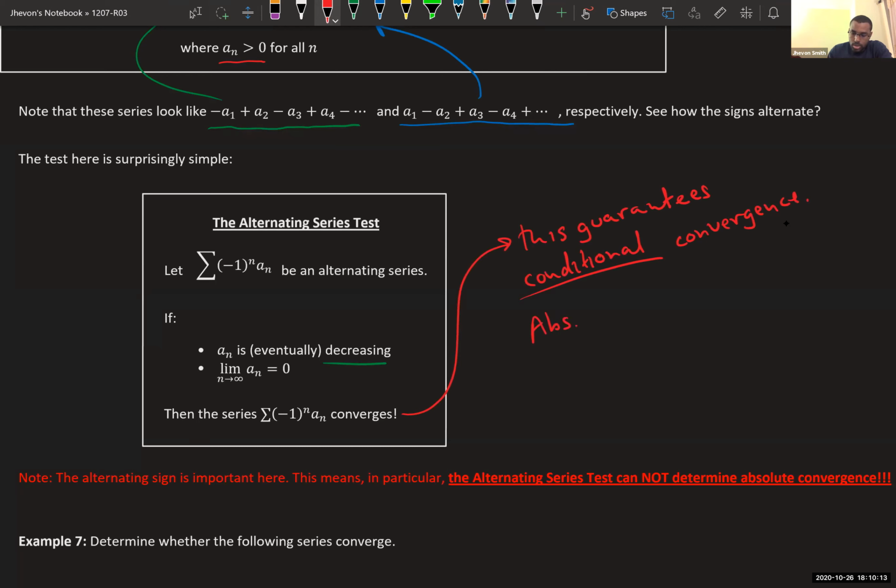Absolute convergence requires another test. Okay, so we'll talk about that in a little bit as well.